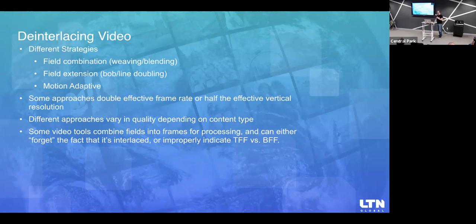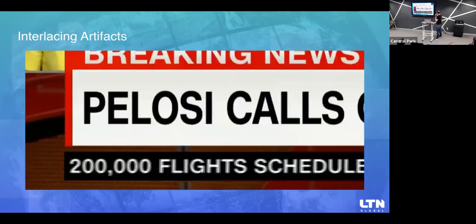FFmpeg is terrible at this, and I've got a bunch of patches and I've been yelling at them to try to get them merged. It's not going well. But the point is that there are all sorts of weird edge cases where the video can look like garbage because either the state of interlace gets lost, or which part occurs earlier in time doesn't get properly handled. So, why do we care about interlacing?